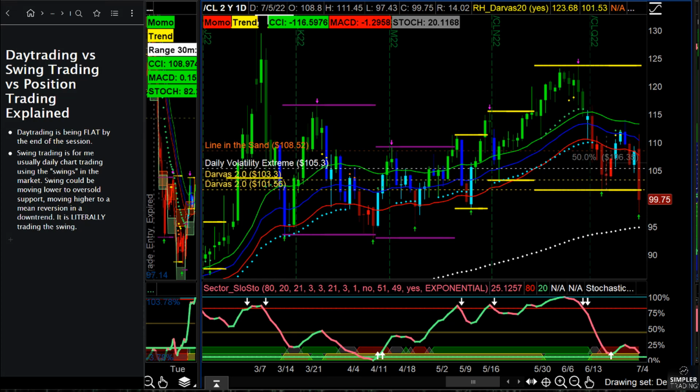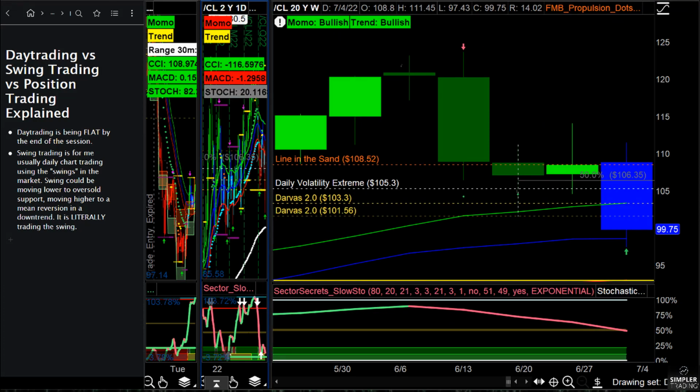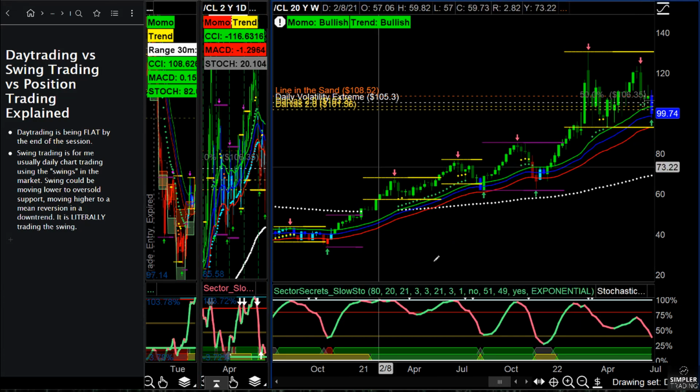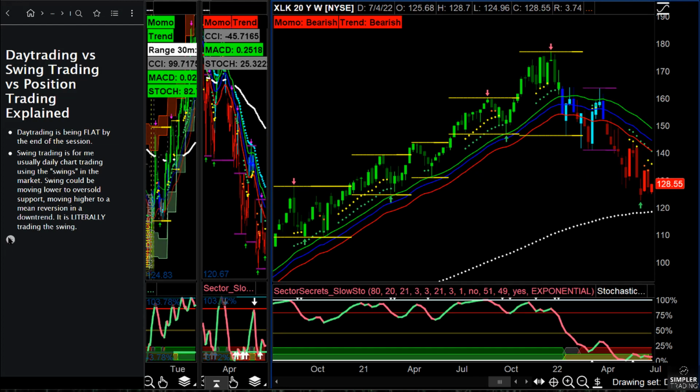So oversold support. All right, then that brings us to finally, and I'm going to move the weekly chart over. A lot of traders won't necessarily think about a weekly chart that much, and that's too bad.